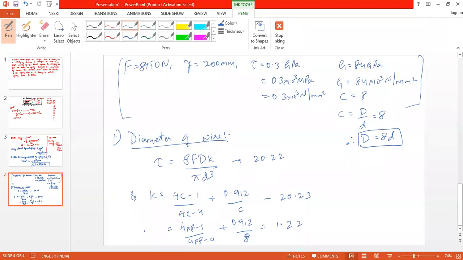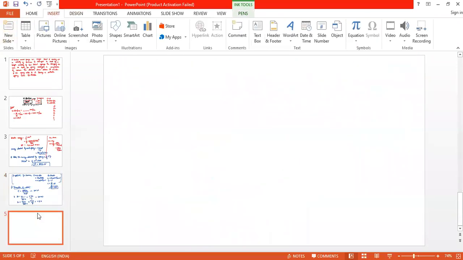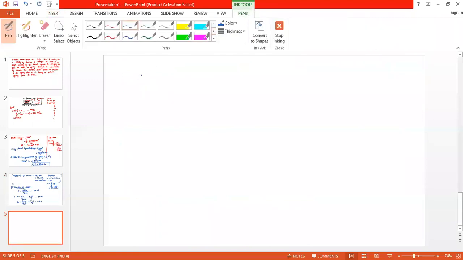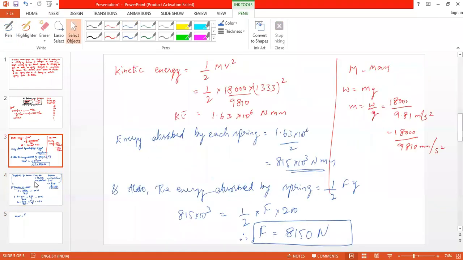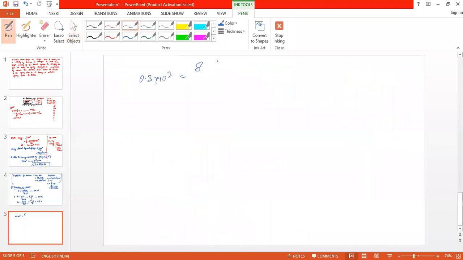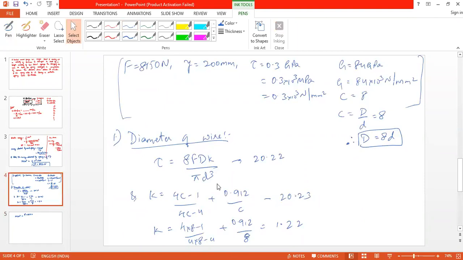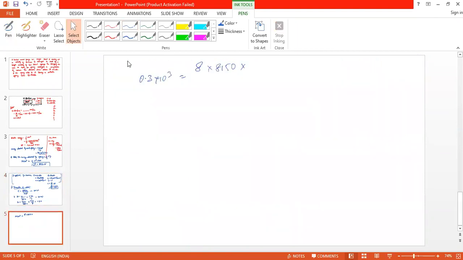At 1.22. So here stress tau is 0.3 into 10 power 3, that is equal to 8 F D. Here capital D is nothing but 8 times the small d. So 8 D, and K is 1.22 divided by pi d cube.